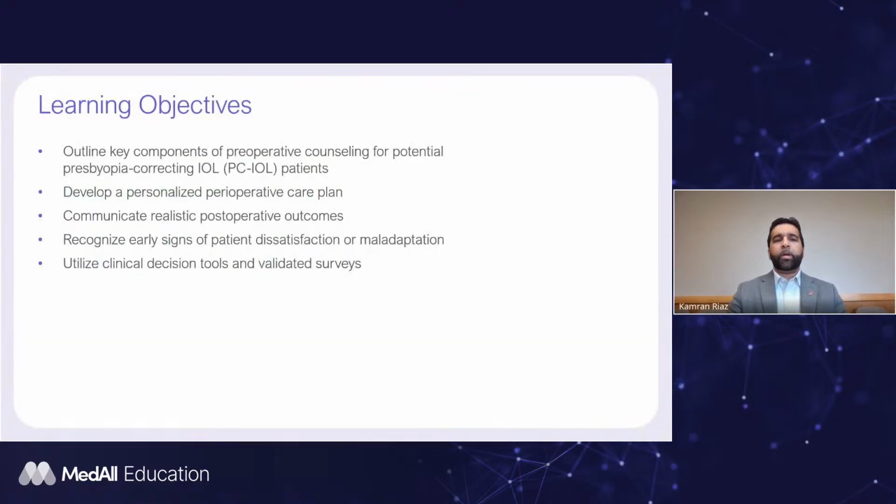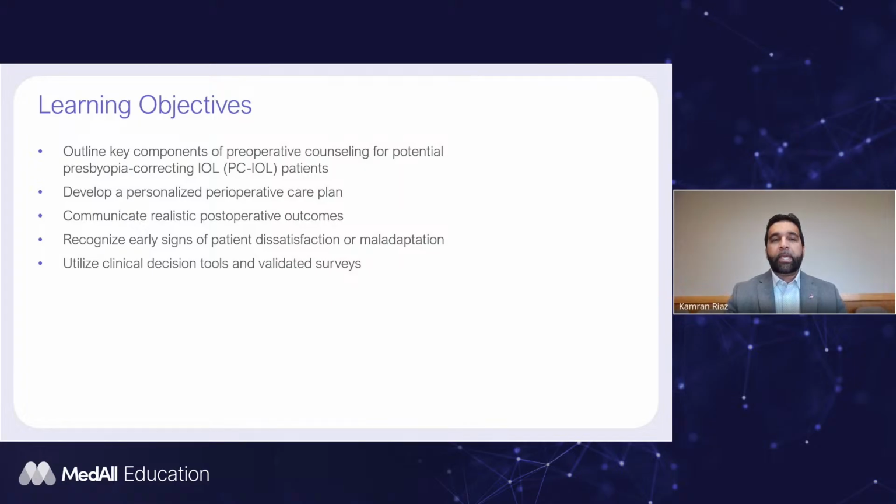So in this talk, what are some of the things we want to try to learn? The first thing is we want to identify key components of preoperative counseling for potential PC-IOL patients. This will help us to develop a personalized perioperative care plan, and perioperative means pre-, intra-, and post-operative care.